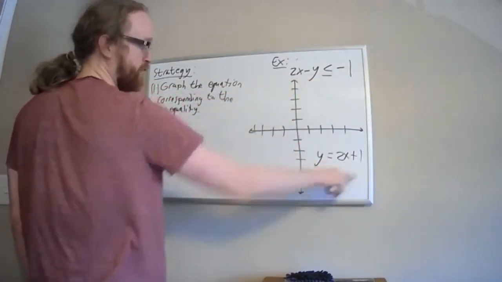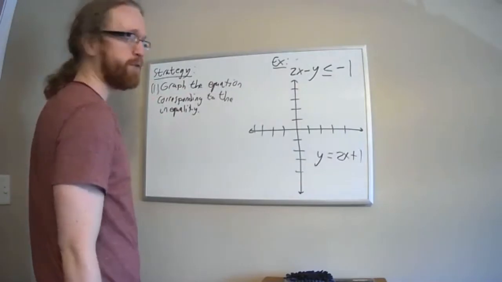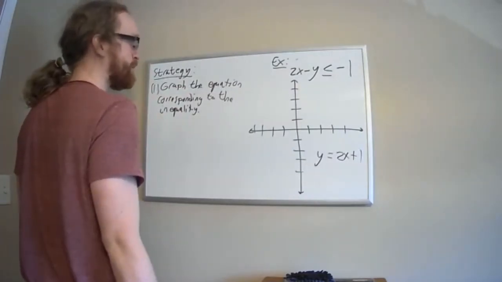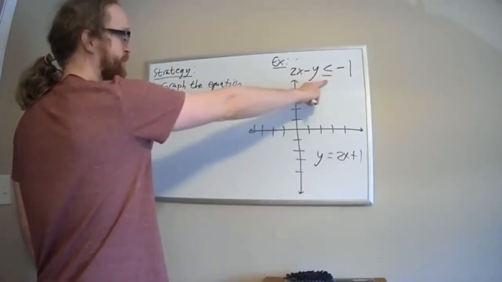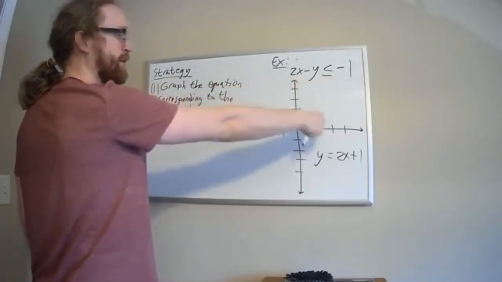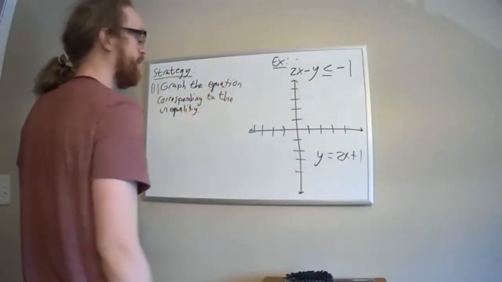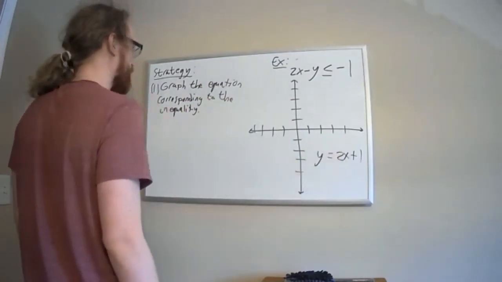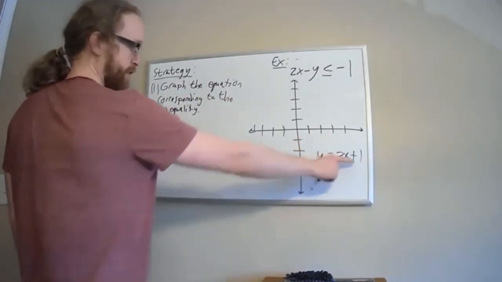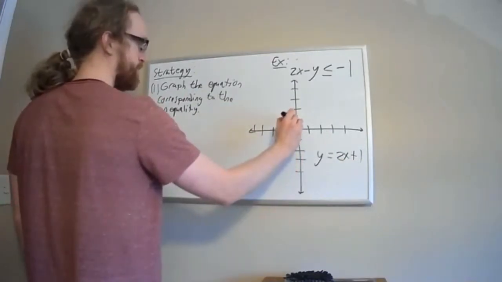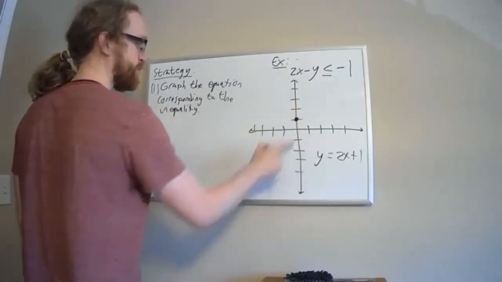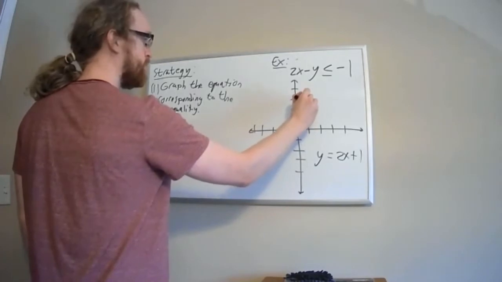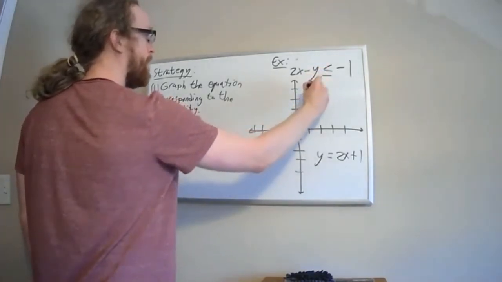I'm going to get y equals 2x plus 1. That'll help me graph it. The alternative way would be to turn this into an equal sign and then find your x and y intercepts and graph it that way. It's up to you to choose. I prefer to put it in slope-intercept form and graph it that way. So my y-intercept is 1. My slope is 2. So when I go to the right by 1, I should go up by 2. And so here's my line.